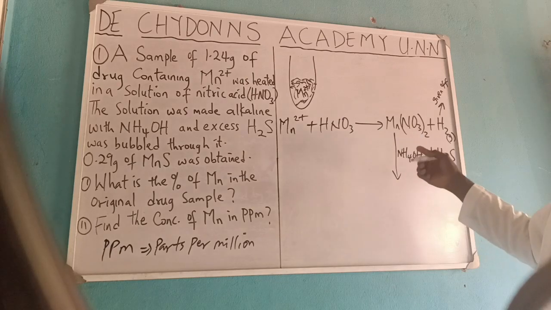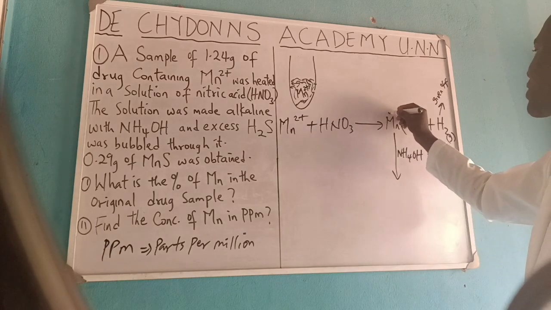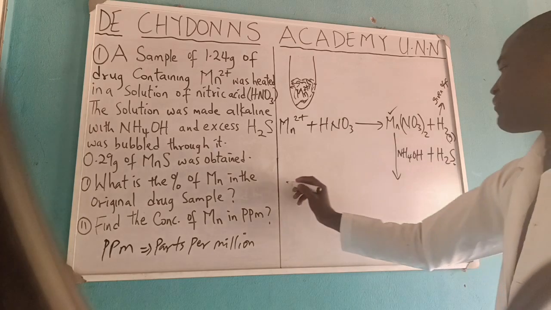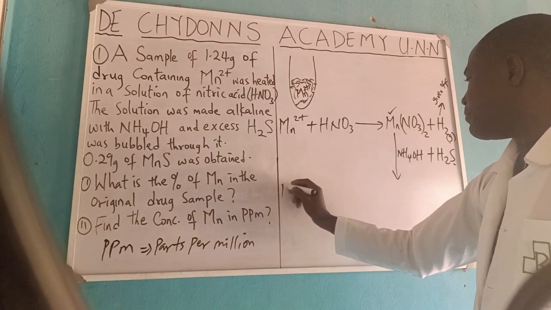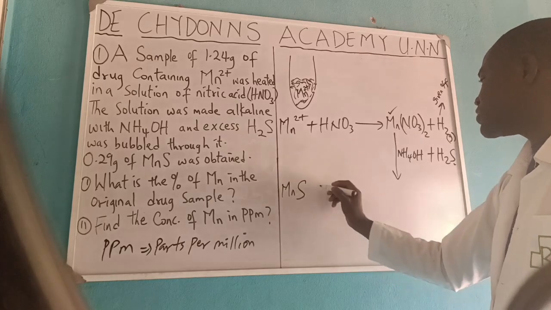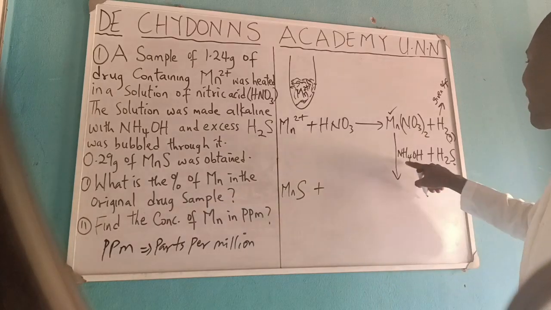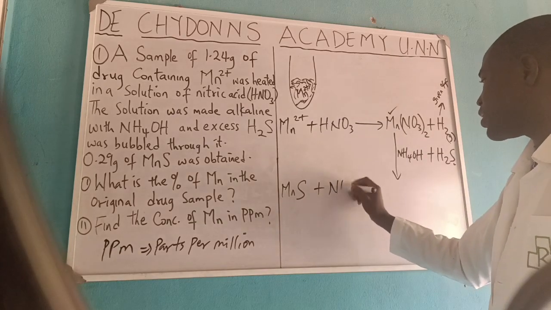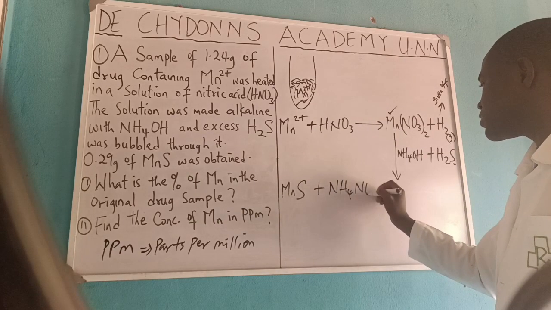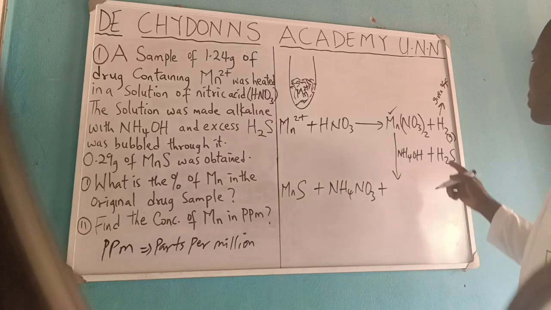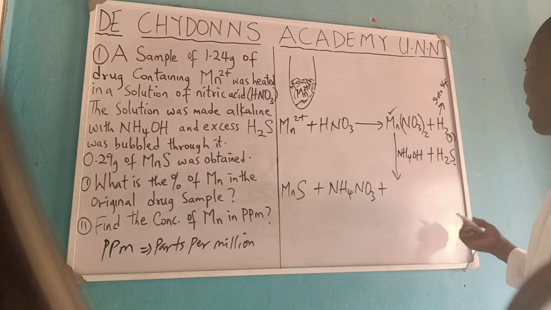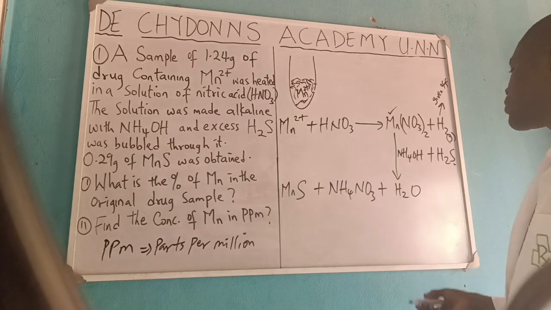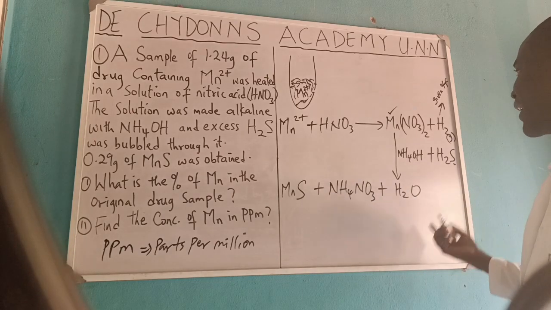The manganese sulfide is being formed by taking this manganese with this sulfide. Then we'll be having manganese sulfide plus, then we take ammonium with what? Nitrate. Ammonium nitrate. Then what will remain is hydrogen and oxygen plus water. This is the possible outcome we can get.